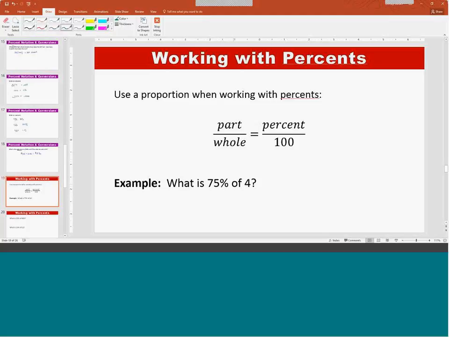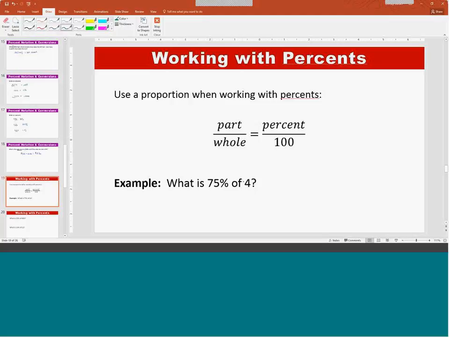But just remember this little proportion formula: part to whole is equal to percent over 100.